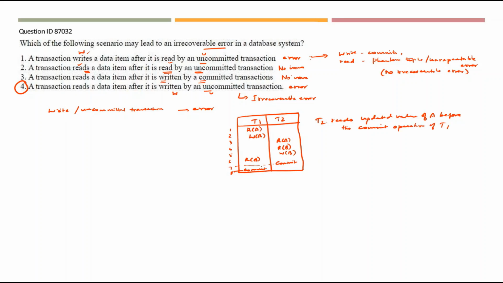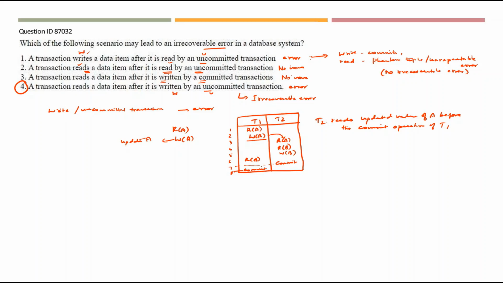See here we have a read operation of A that will do no issue. I am writing the value of A. It means updating the value of A. So once I update A, the commit statement is occurring only in the 8th time slot. But before the commit happens, the uncommitted write, so written by an uncommitted transaction, is this. The uncommitted write is read.